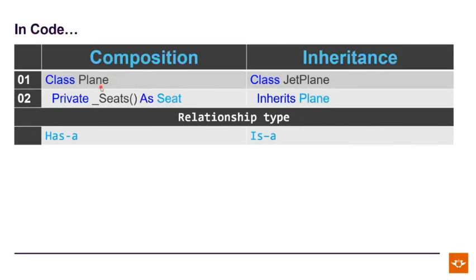Is a seat a plane? Okay, so you can see the difference between composition and inheritance. A seat cannot be a plane. A seat has plane. A plane has seats. It's an object in a plane. Yes. Okay. So it takes on the characteristics of a plane? Yes, it does. So a jet plane takes on the characteristics of a plane and adds to it.